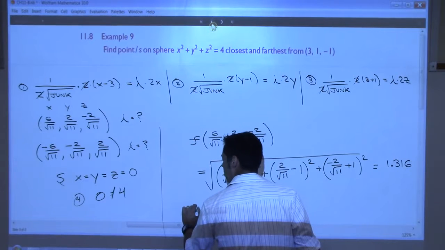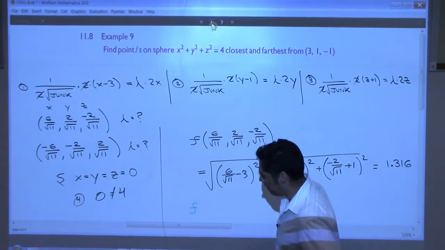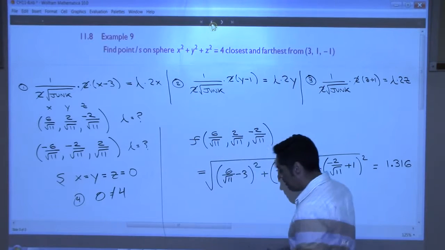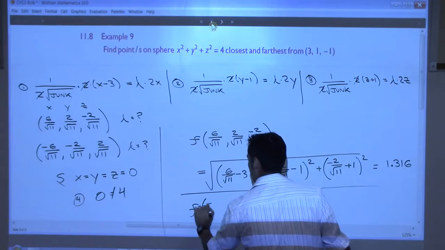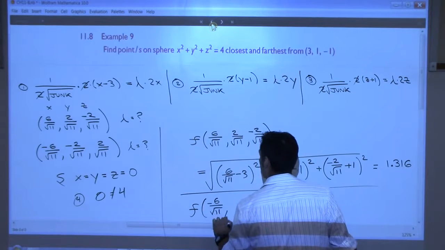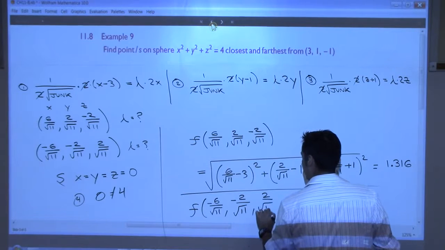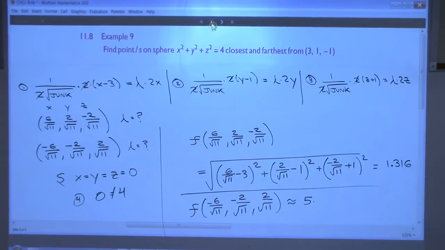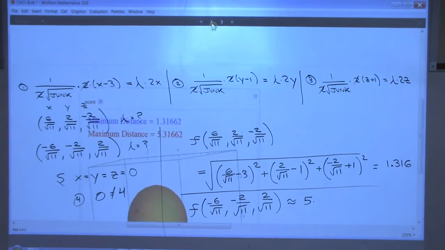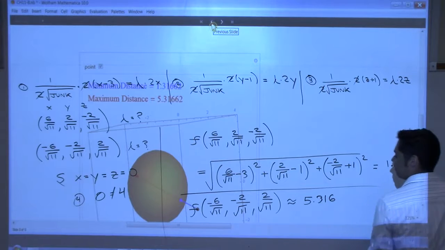So if you do f of, I'll stick with black. The green doesn't show up on camera very well. If I do f of negative 6 over root 11, negative 2 over root 11, 2 over root 11, you get approximately 5 point, I don't know, 5.316.